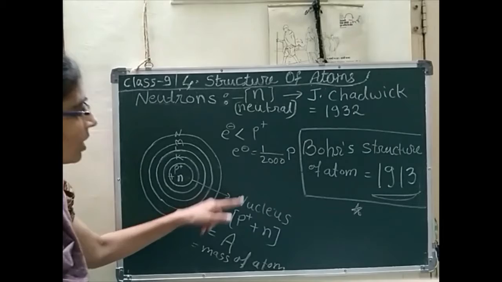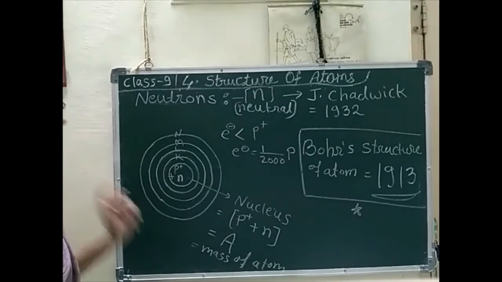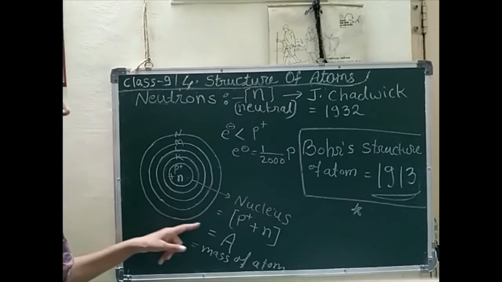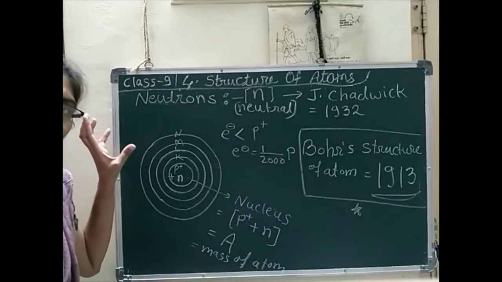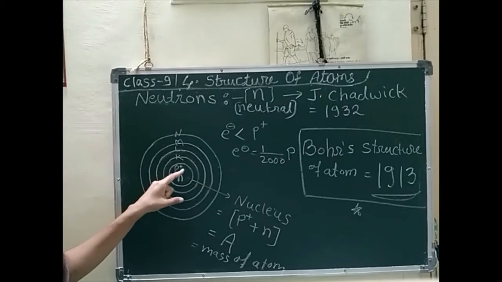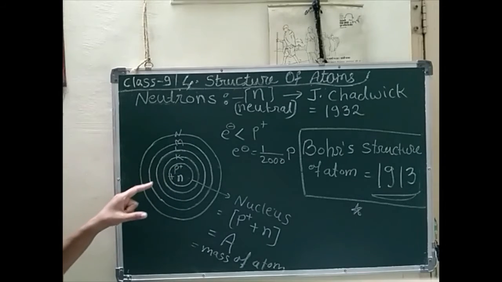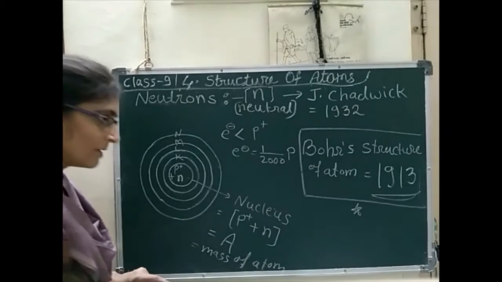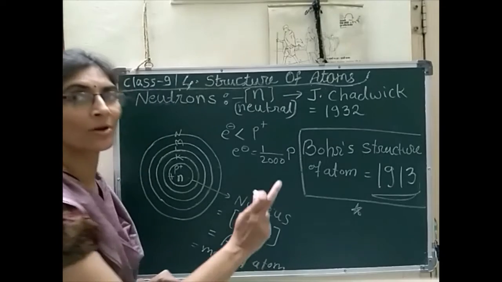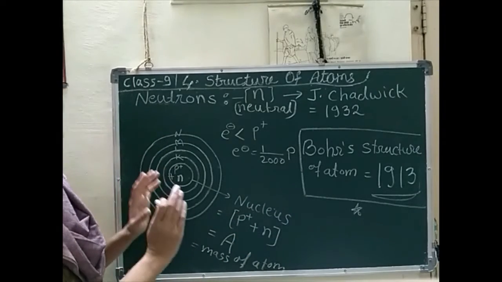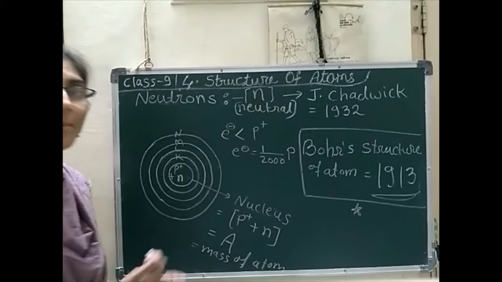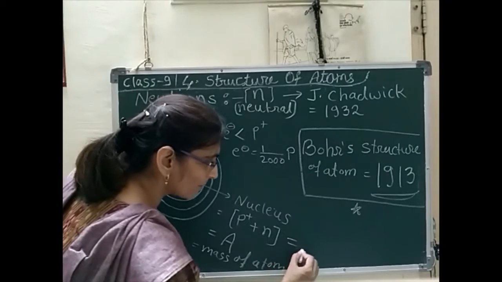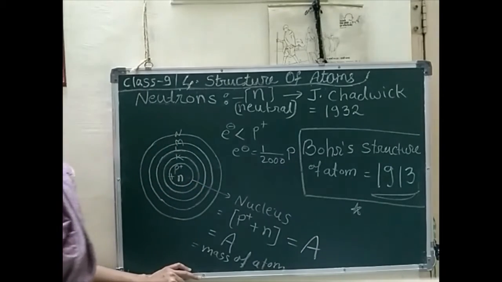Very important, note down that the nucleus has a number of protons and a number of neutrons, and the whole mass is concentrated inside the nucleus in the form of number of protons plus number of neutrons. This total mass is called the atomic mass of that particular atom, and it is denoted by capital A.